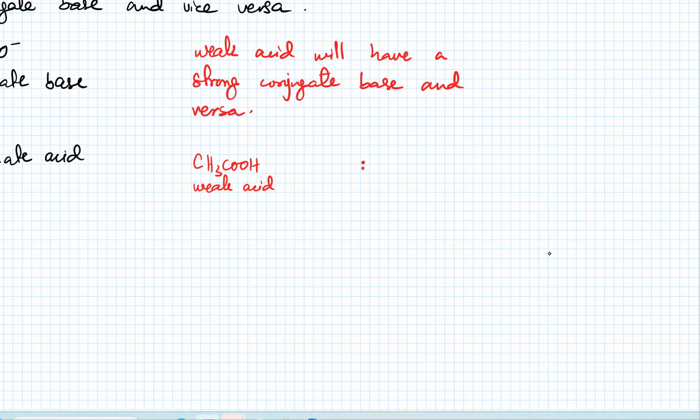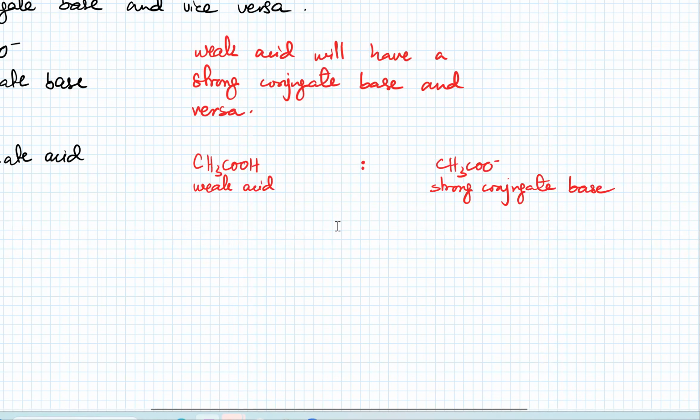Now it's going to have its conjugate base, which is going to be CH3COO minus, right? So the conjugate base might be a very strong conjugate base. That's the reason why it's not ionizing.